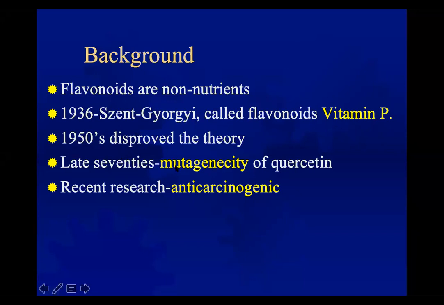In the late 70s, mutagenicity of quercetin was reported. Some scientists claimed that quercetin, one of the important flavonoids, has mutagenic activity. But in recent research, it is confirmed that quercetin has a powerful anti-carcinogenic effect.